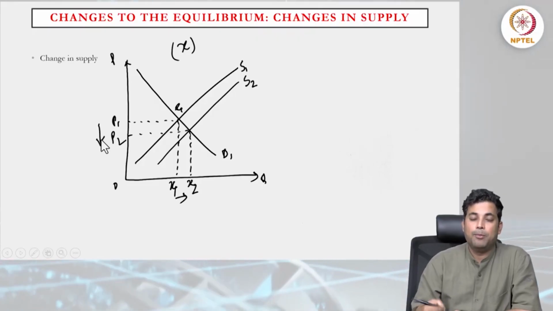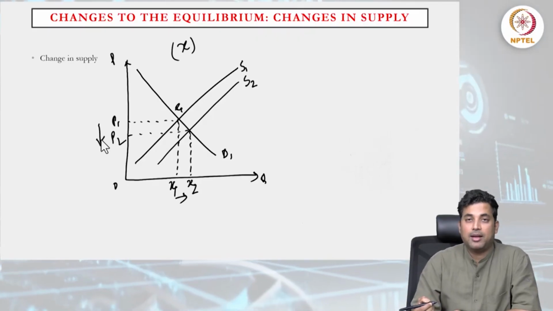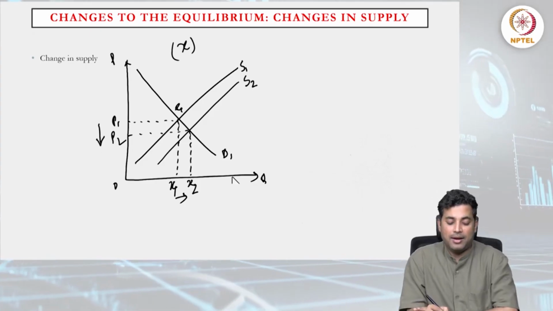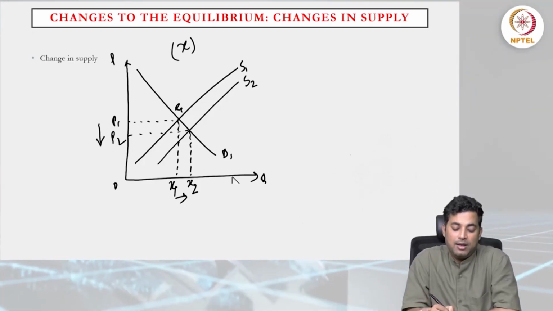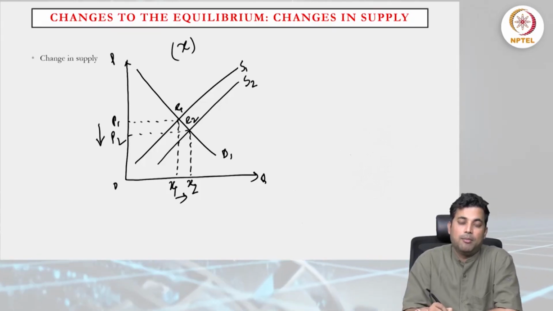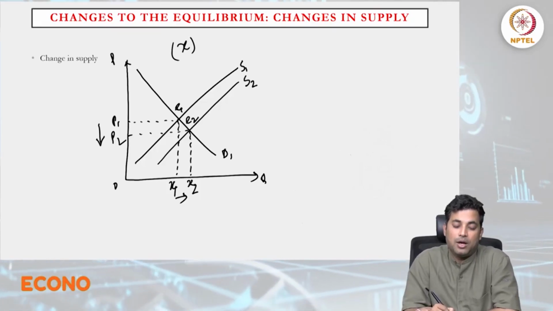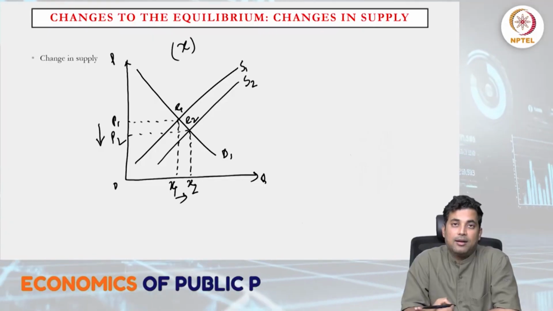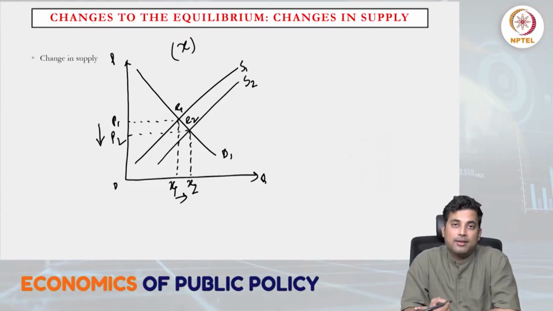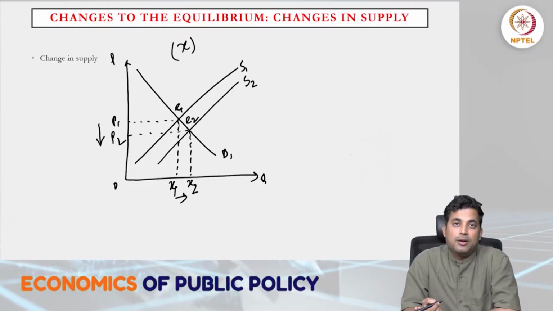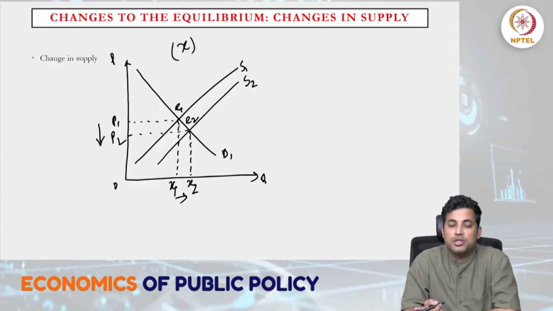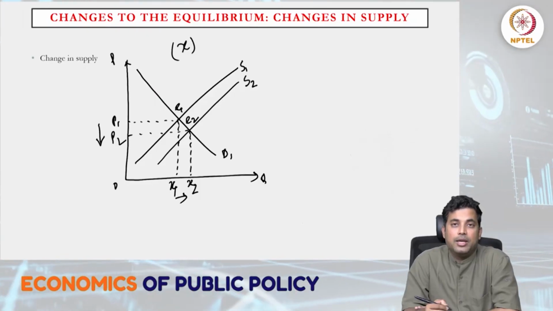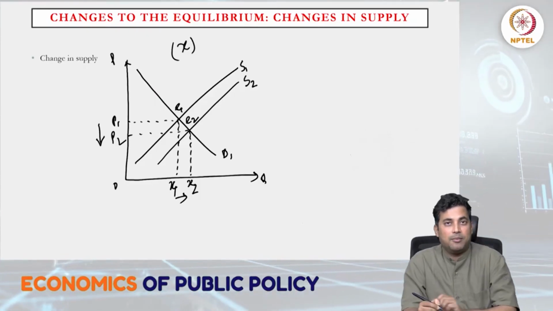If there is more supply of that commodity in the market and demand stays constant, then the market equilibrium will move downward, and as a result excess commodity will be produced, which will create downward pressure on the price. So this is how equilibrium changes in the market.